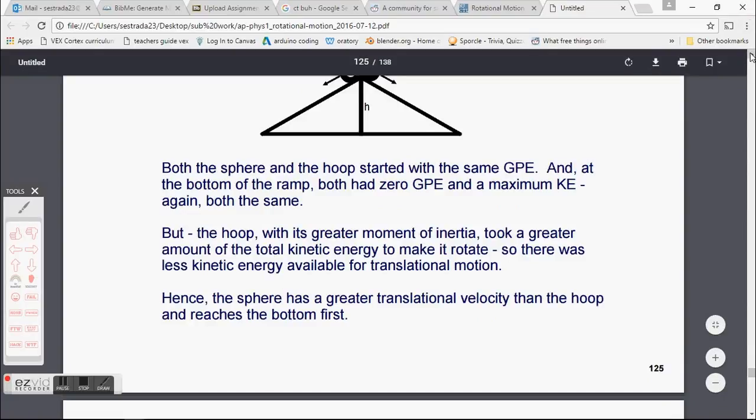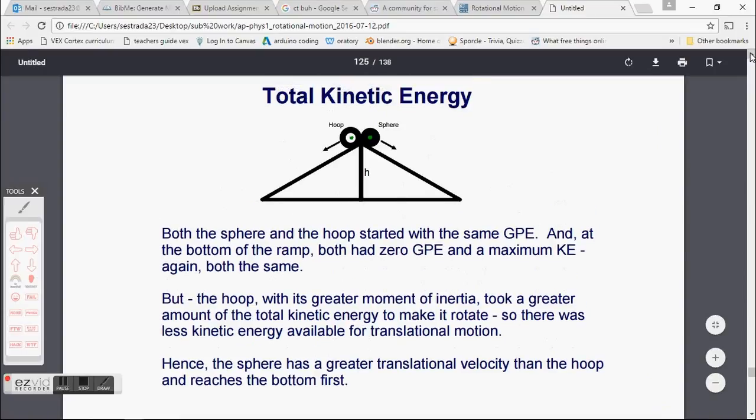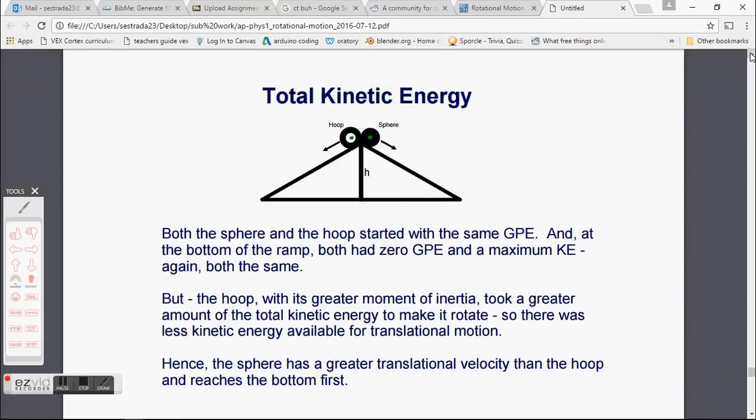this slide really gets the big idea. Both the sphere and the hoop started with the same potential energy. And that potential energy is going to convert into kinetic energy at the bottom where there is zero potential energy. The hoop with the greater moment of inertia, greater I, is going to take a greater amount of that total kinetic energy that came from the potential energy to make it rotate.